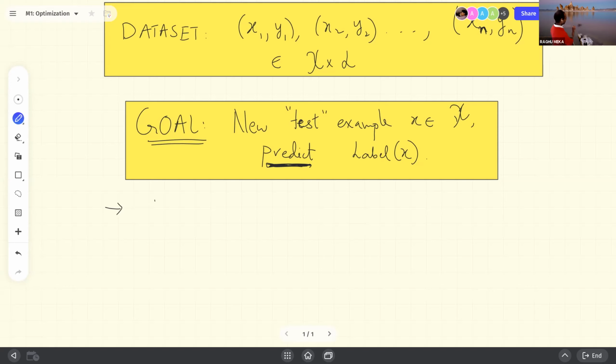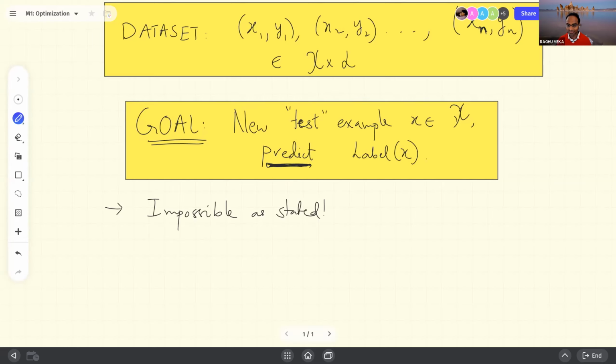So this is impossible as stated. Imagine I give you only images of cats and dogs, and for the test example, I give you an image of a fish and ask you what kind of fish it is. Obviously, you're not going to succeed, because you haven't seen anything like the test example.